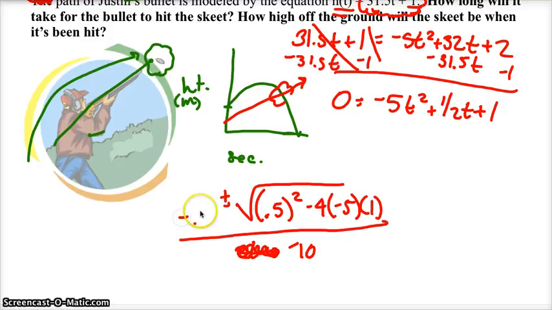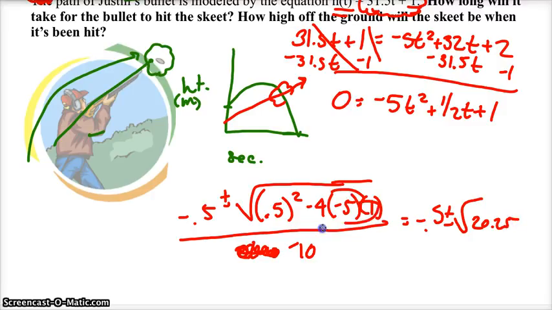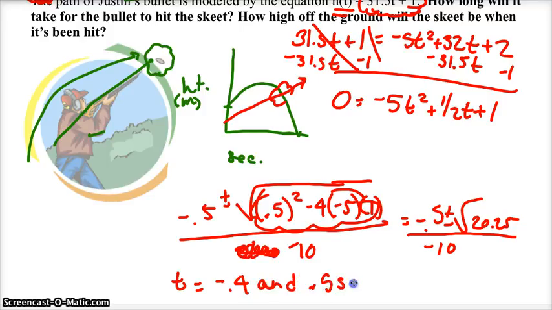So the opposite of b. When I type in the stuff underneath the square root, I ended up with 20.25, and I just entered this, all divided by negative 10. When I entered that in my calculator, t ended up being negative 0.4 and 0.5 seconds.